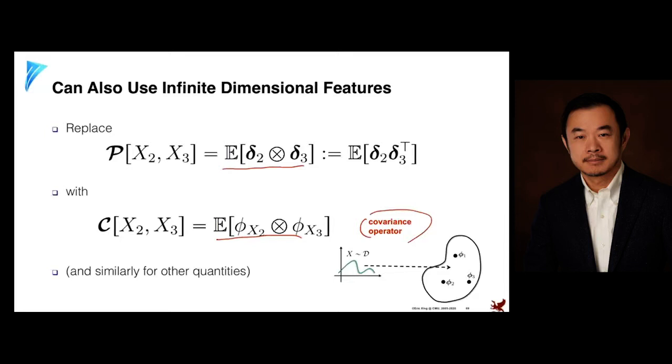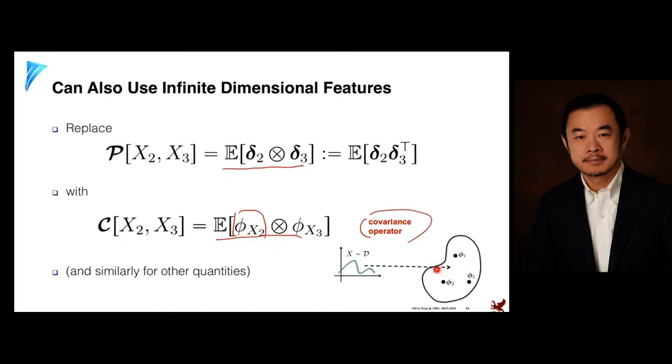Now you can imagine that instead of just designing this feature vector, which captures the long-term dependencies of hidden states in a higher order Markovian fashion, you can also imagine that this phi vector is just an embedding of the original observations into that Hilbert space.